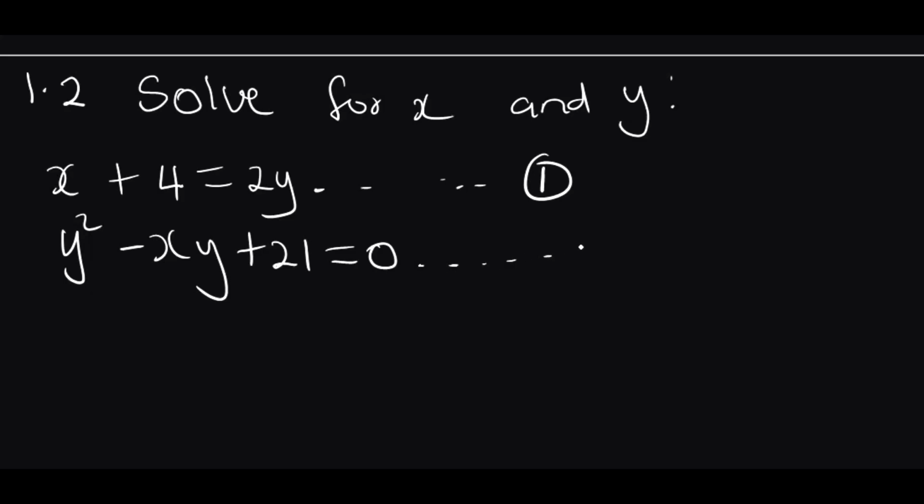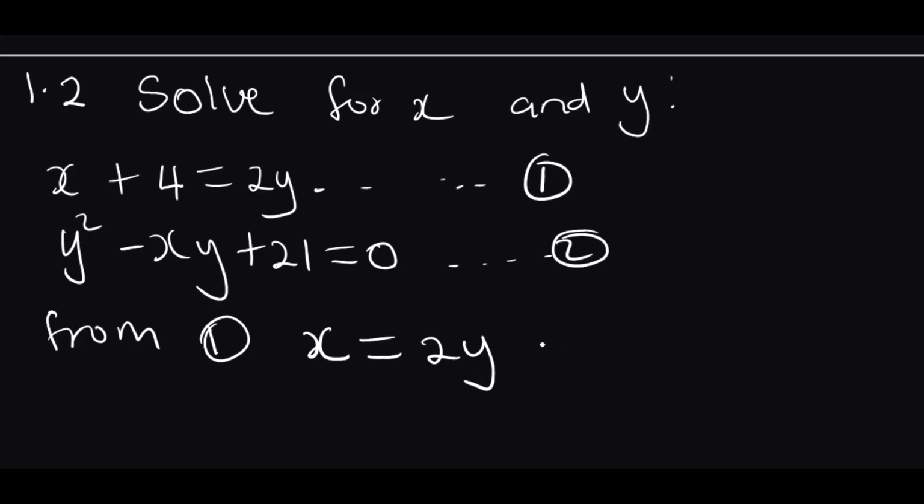Then we can say this is equation 2. Then from equation 1, we can form equation 3, which is gonna be x is equals to 2y minus 4. This is equation 3.